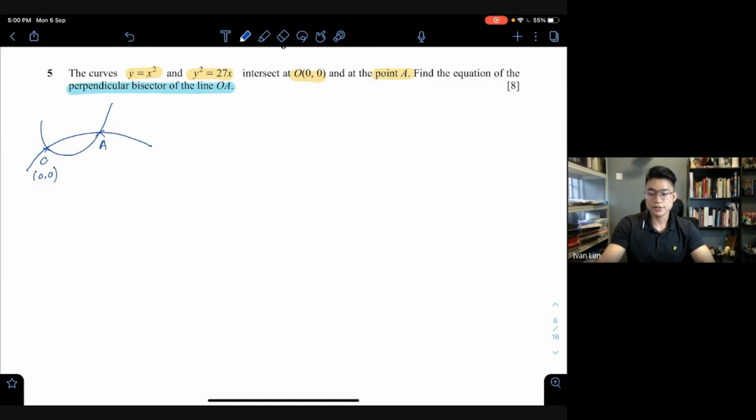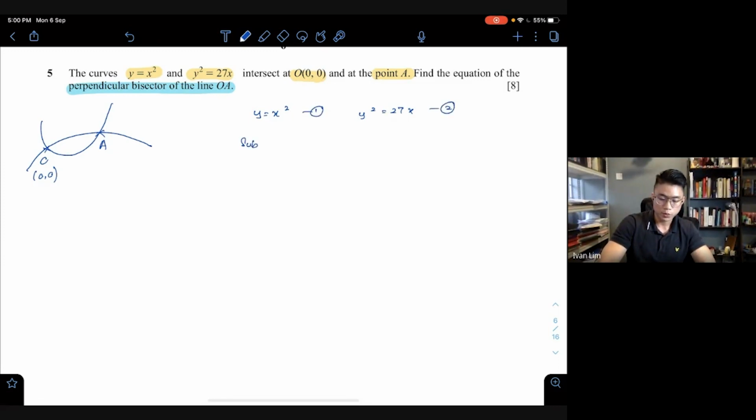Where it intersects is when two curves meet, you do simultaneous equations, when you meet with your crush, right? So you sub one equation into the other. The first one is y equals x squared, the other one y squared equals 27x. Let's call this equation 1, this one equation 2.